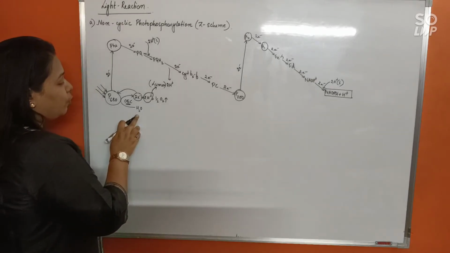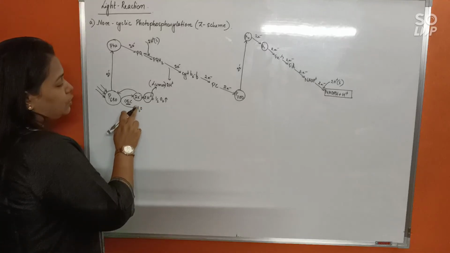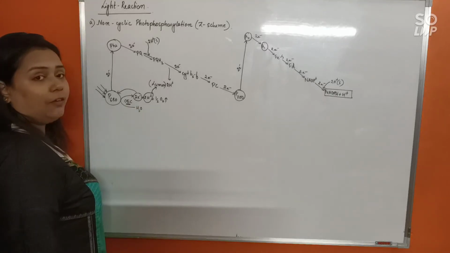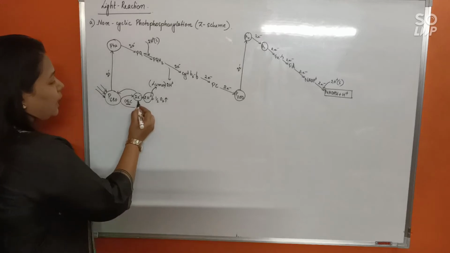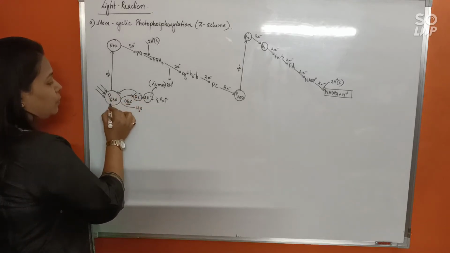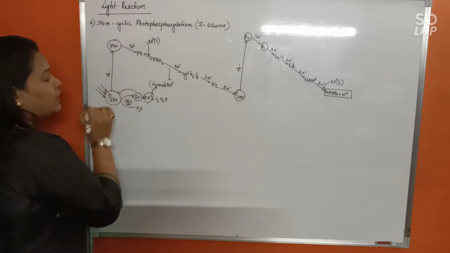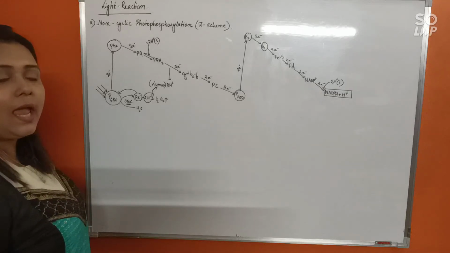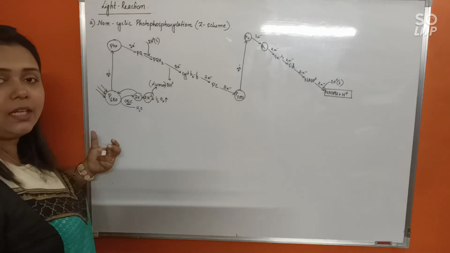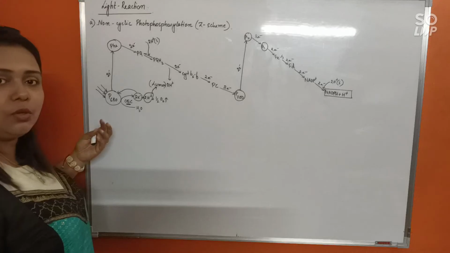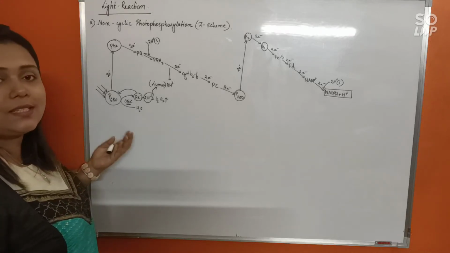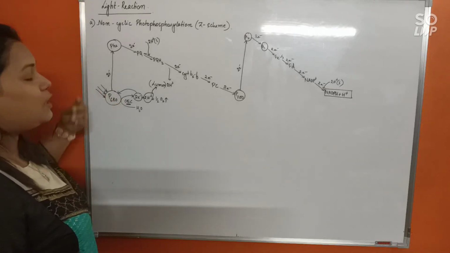In photolysis of water, water is split into 2 electrons, 2 protons and half of oxygen. These 2 electrons are transferred to PS2 so that it gets back to the ground state and can start another round of excitation.